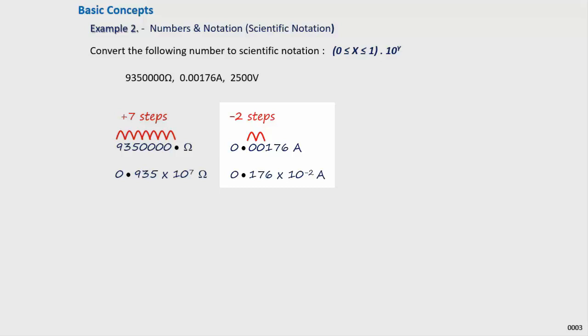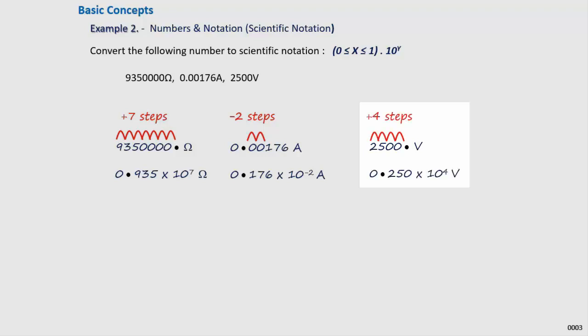So the number becomes 0.176 times 10 to the power minus 2. Finally, on the third number, we move the decimal point 4 steps to the left. So the number becomes 0.250 times 10 to the power 4.